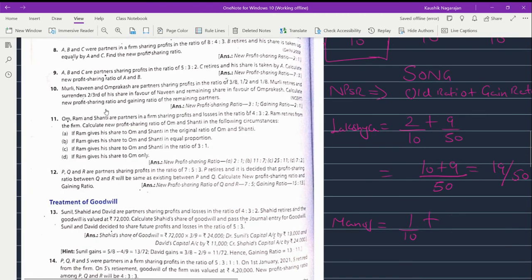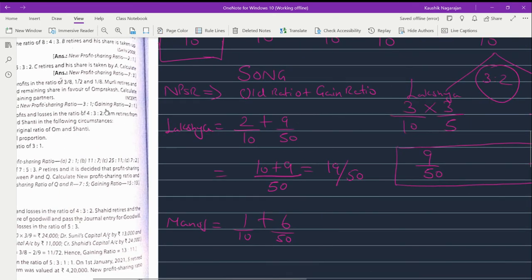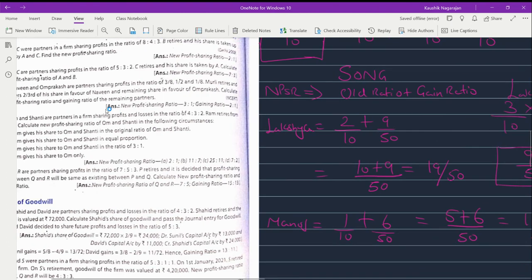So 1 by 10 plus 6 by 50. The LCM is going to be 50. So 10 into 5 is 50. So on the numerator also multiply by 5, you get 5. And 50 into 1 is 50. So plus 6, this gives me 11 by 50. So Manoj and Lakshya are done.